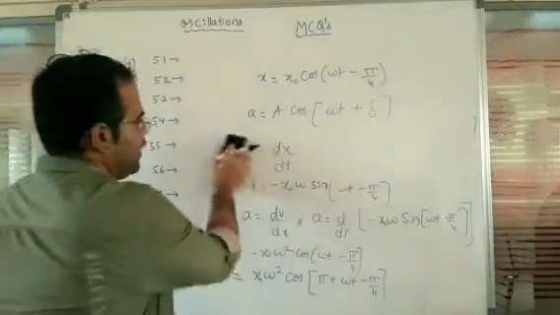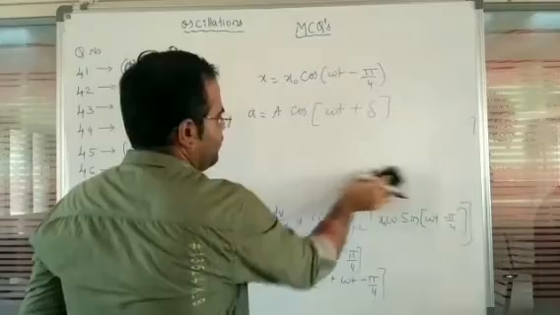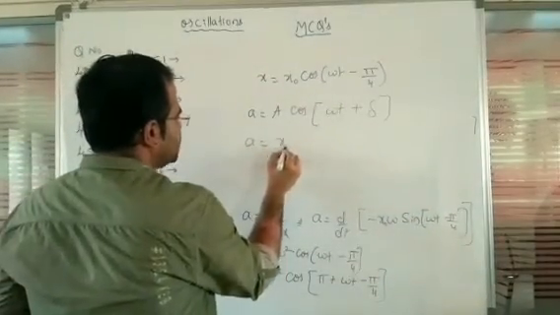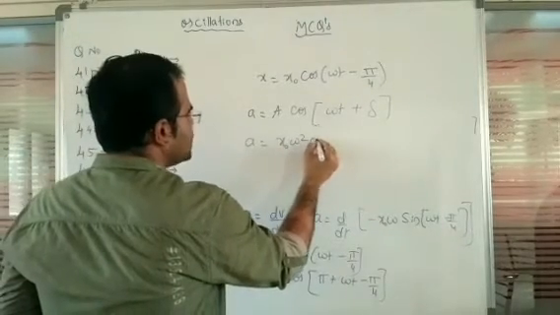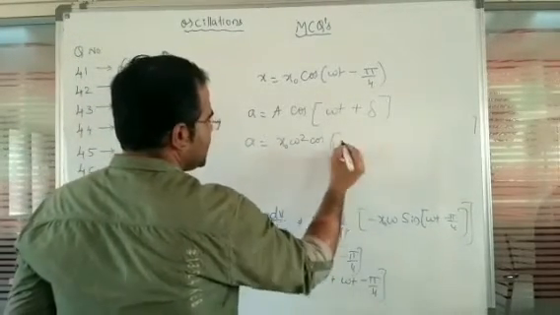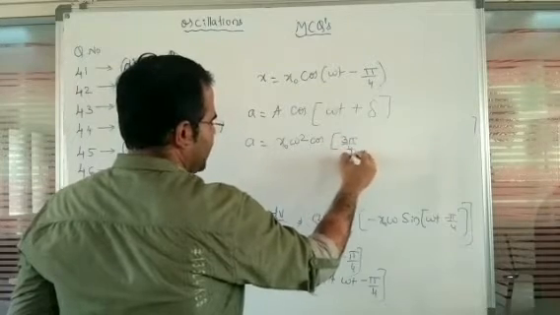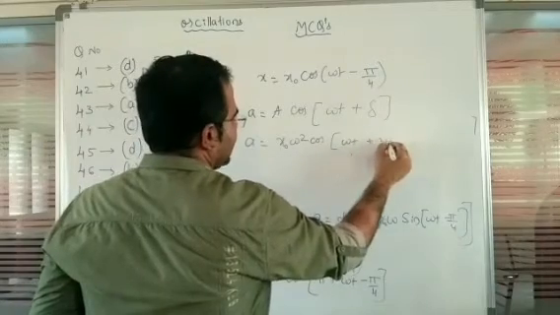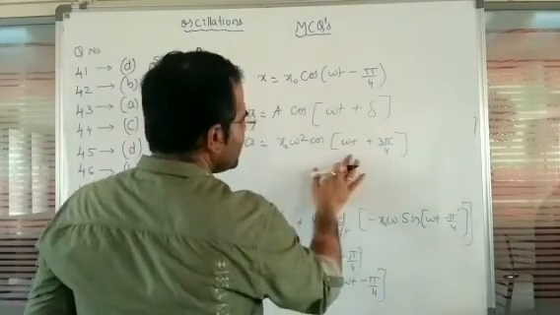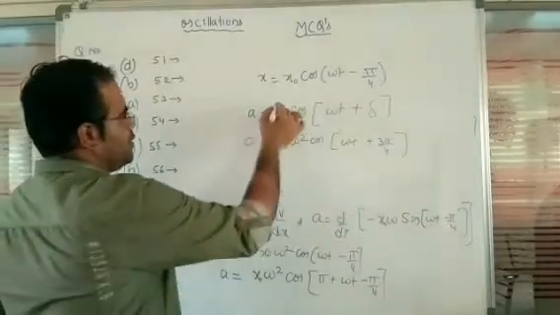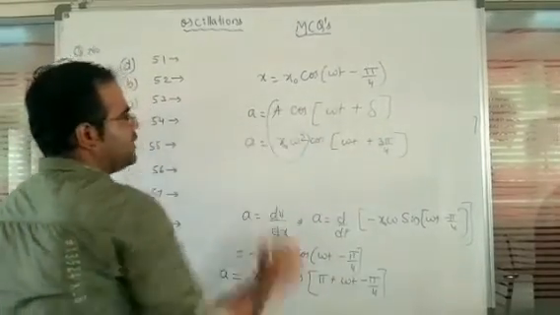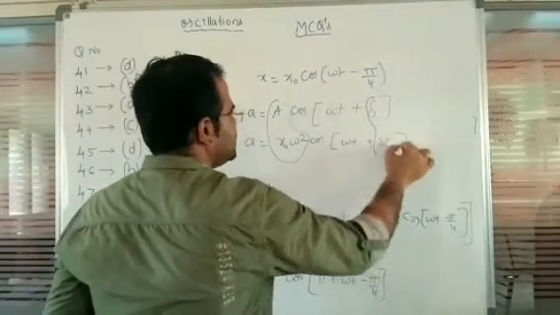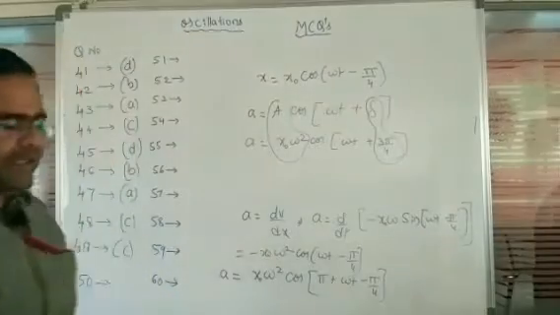After making the differentiation and getting the final equation, again we are going to observe a is equal to x naught omega square cos of omega t plus 3 pi divided by 4 here. Now on comparing with the general equation, a is equal to x naught omega square, and then delta is equal to 3 pi divided by 4 here.